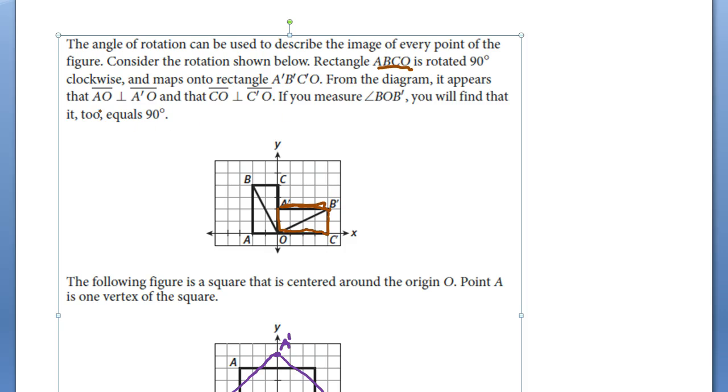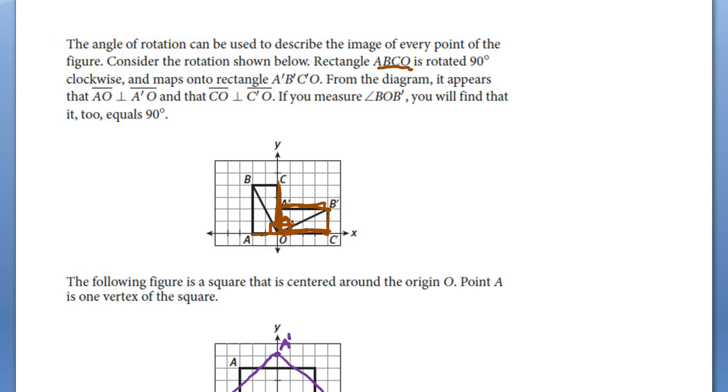From the diagram, it appears that segment AO, right there, is perpendicular to A prime O. There's a 90-degree angle there. And that segment CO, that's this one, is perpendicular to segment C prime O. Right there, it's 90 degrees. If you measure angle BOB prime, B to O to B prime, this angle, it's going to be 90 degrees.